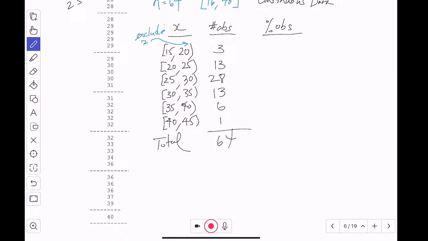Like, don't make a graph that you can't explain. That's pretty clear, right? Don't make a graph and go, wow, look at this. I have no idea what it means. So make a graph that you can describe, explain. You can make a summary of it with the 5 features. Pick that one that you can do that with and tell a story around. Okay, so that gives us the number of observations. So we can make a histogram with this information.